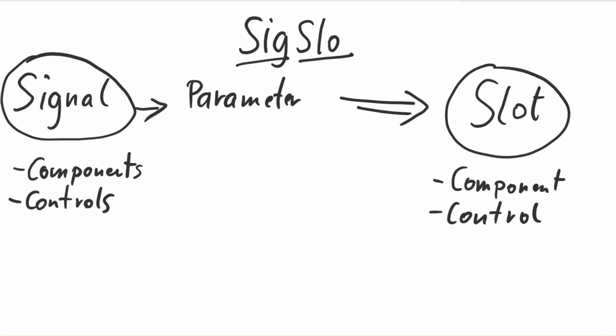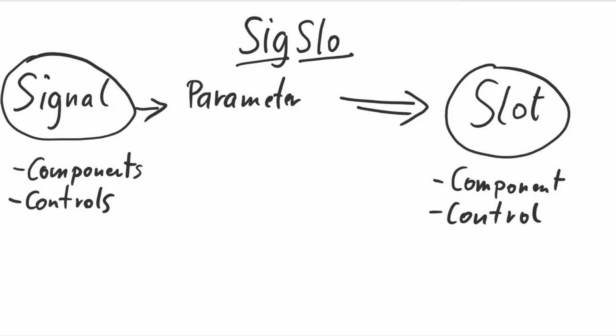So you can use SigSlos to send data from a component to a control, or from a control to a component, or even from a control to a control, for instance, to build some user interaction design. It does not make sense to send data from a component to a component, because to get that done, Hive is a way more powerful tool.